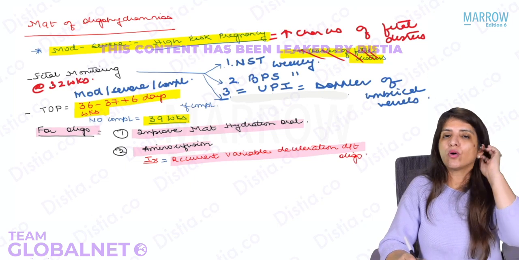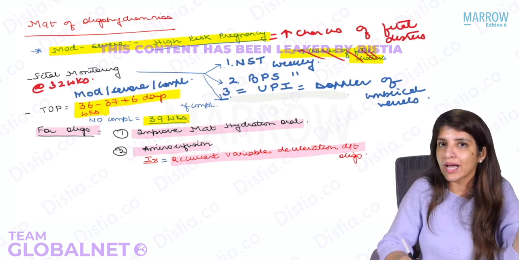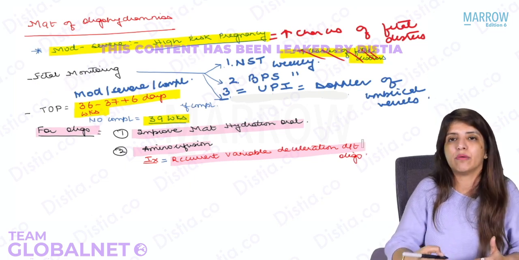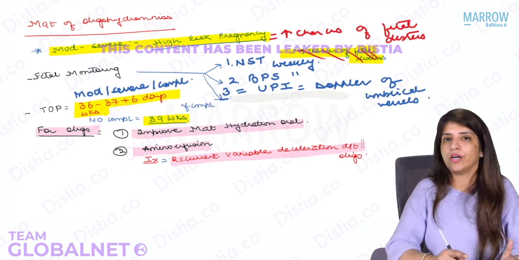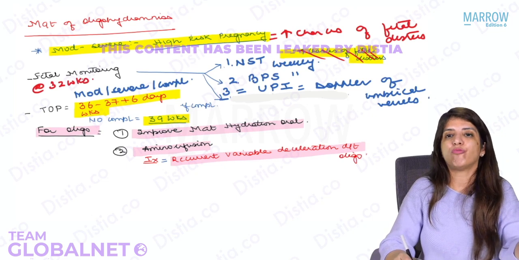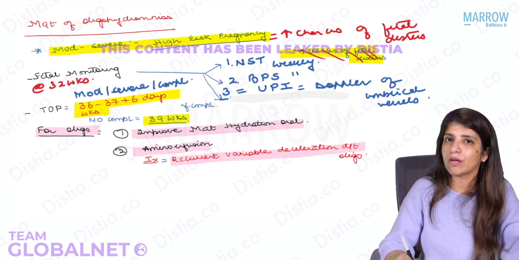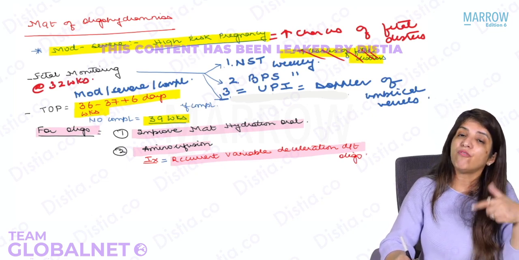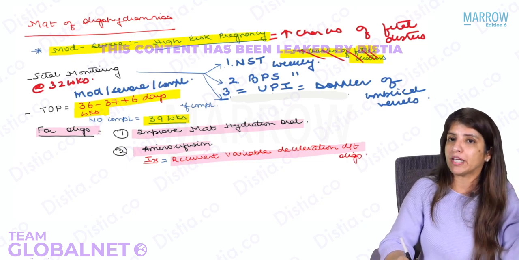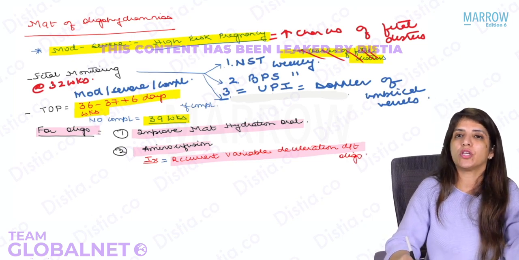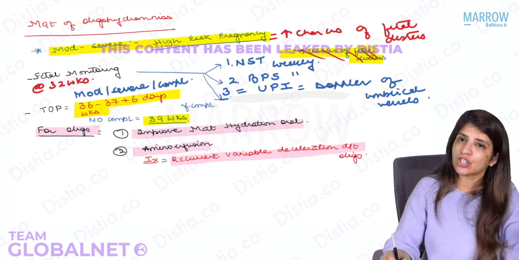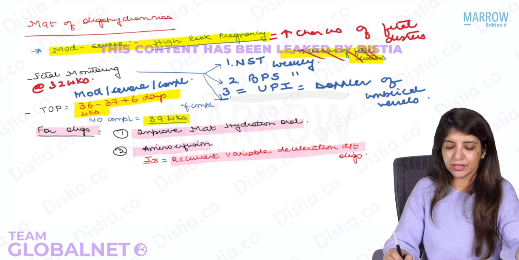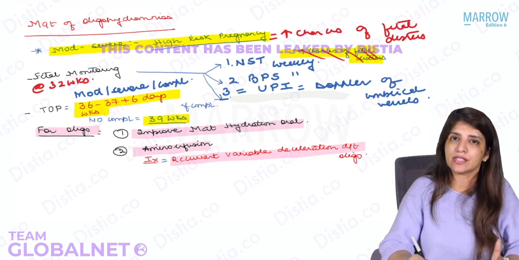Then you are going to tell the mother to improve her oral hydration, and for recurrent variable decelerations, then only I'm going to go for amnioinfusion. And termination of pregnancy if it is mild oligohydramnios is at 39 weeks. If it is moderate to severe and complications are present, then between 36 weeks to 37 weeks plus 6 days. That means induction of labor has to be done between 36 weeks to 37 weeks plus 6 days.